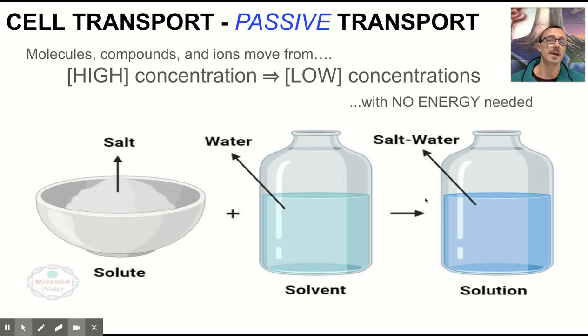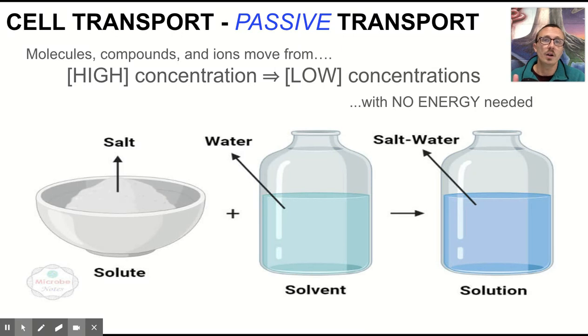Now, if we were going to make sweet tea, I want you to ask yourself, what would the solute or solutes be? And what would the solvent be? Well, if we're making sweet tea, sugar would be one of the solutes because we were going to add the sugar to our water, and the water will dissolve the sugar. And so the water, in this case, would be our solvent.